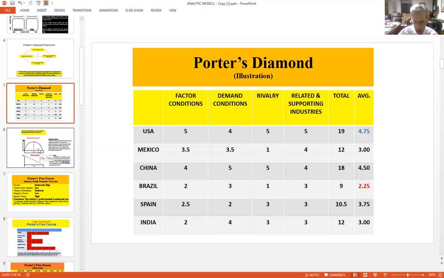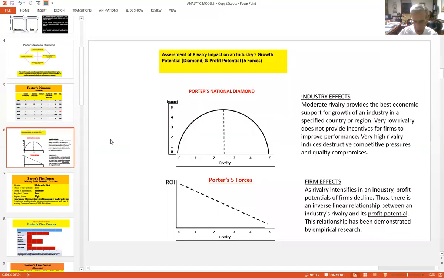So it's important to discuss this. So when we're looking at the impact of rivalry on an industry, we want to see what the impact of rivalry and those other factors may have on an industry's growth potential.